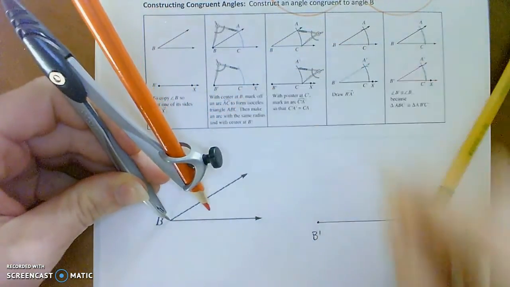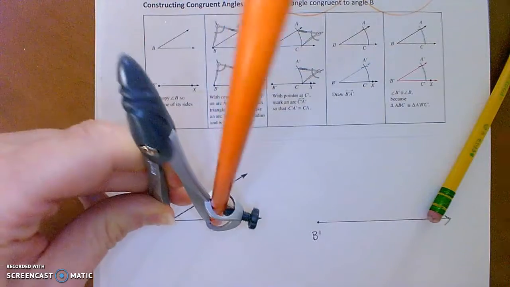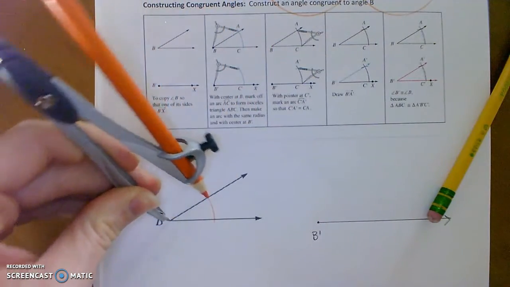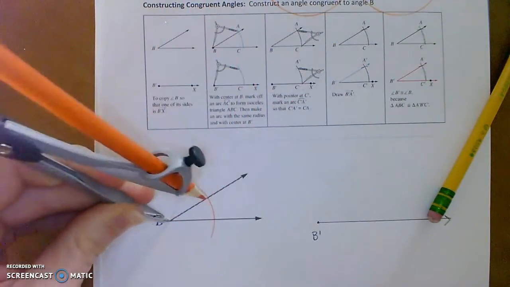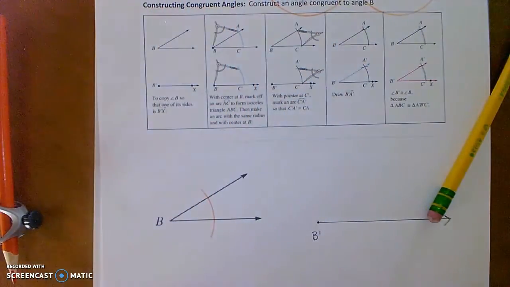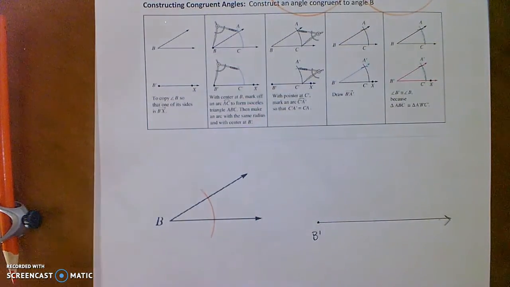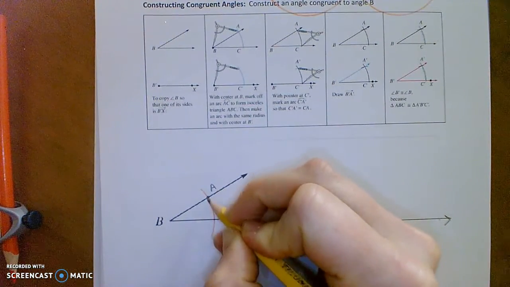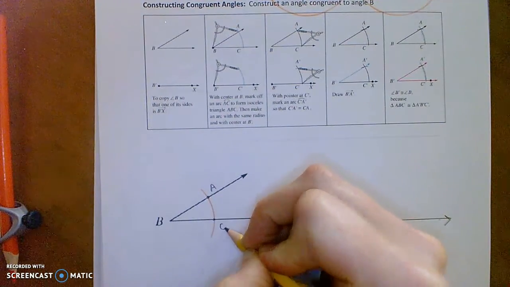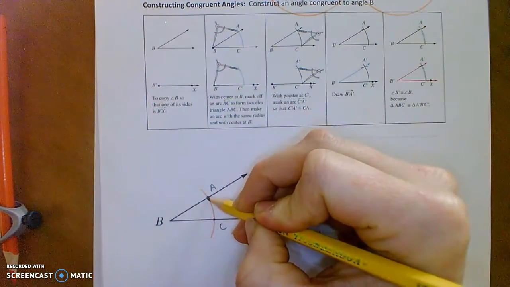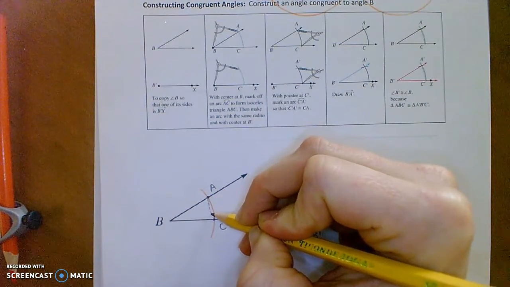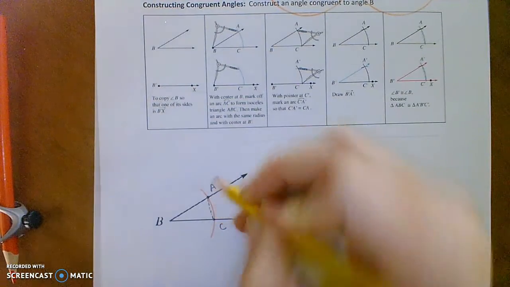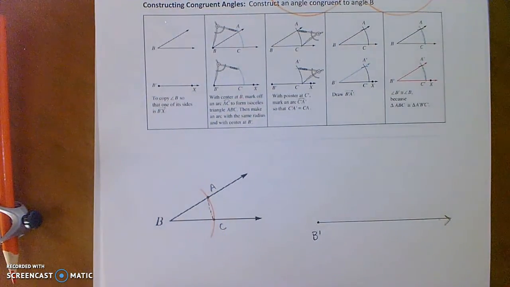I set the point at my vertex and make an arc that intersects the two sides of the angle. I'll call those intersections point A and point C. Notice you've just created a triangle with those three sides.